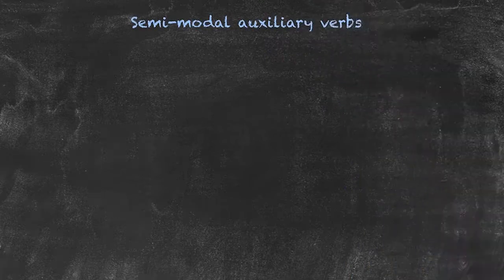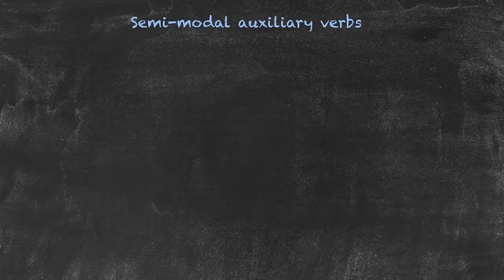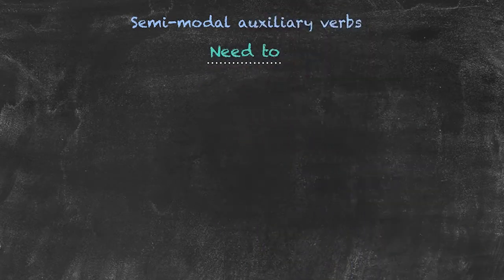Let's have a look at a couple of other problems for students. One more aspect students have trouble with is when we start to introduce what we referred to at the beginning of the presentation, which is semi-modal auxiliary verbs. An example of a semi-modal auxiliary verb is need to. Let's look at the structure of sentences when we use semi-modal auxiliary verbs, such as need to.